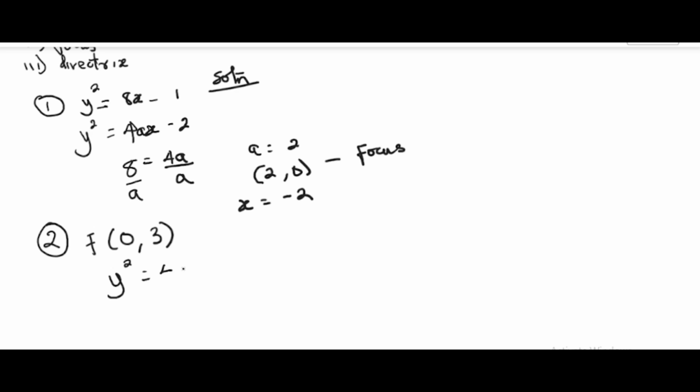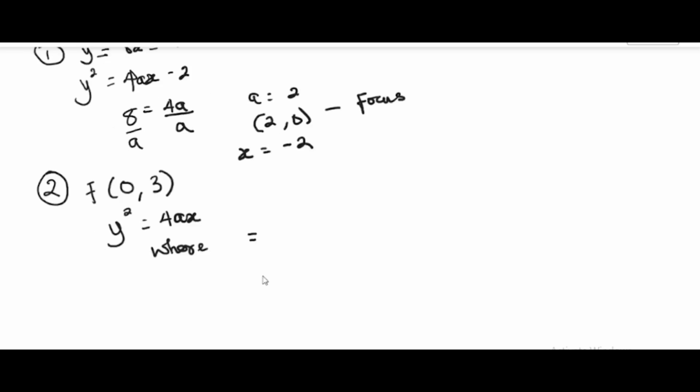4ax, where our a is equal to 3. Now it just occurred to me that this equation, this parabola, is actually on the y-axis. So since it's on the y-axis, we will be using x squared is equal to 4ay.